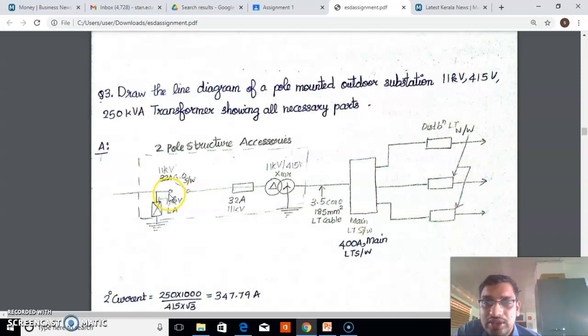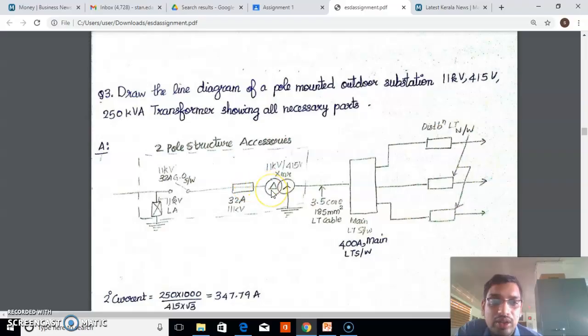The next device is a gang operating switch, 11 kV. After that you draw an HG fuse, that is horn gap, or we can also say a dropout fuse. The voltage rating should be 11 kV.